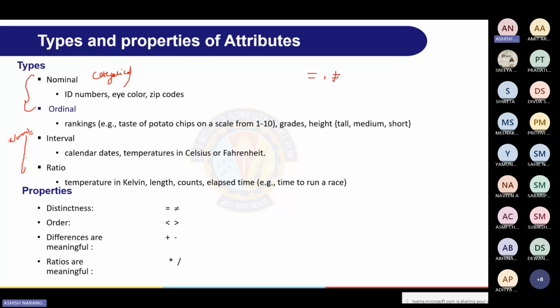And when you look at temperature in Celsius, it does not have an absolute zero. When I say absolute zero, if you have a temperature of 0 degrees centigrade, does it mean nothing? Is it an absolute zero? This is not an absolute zero, right?